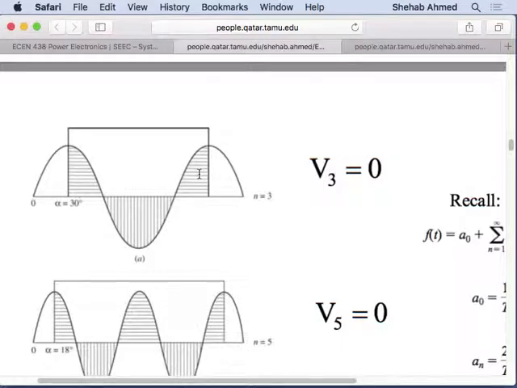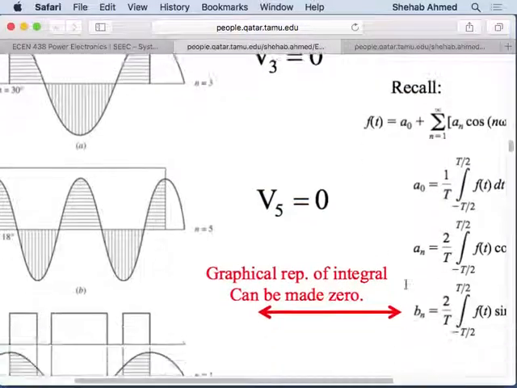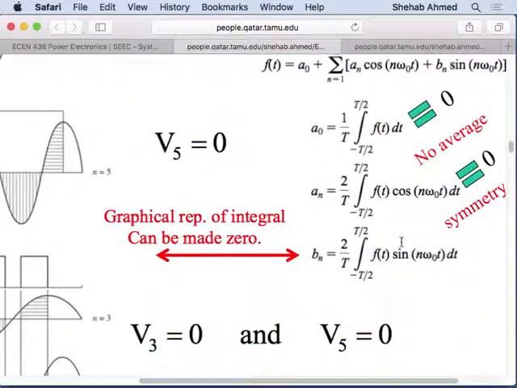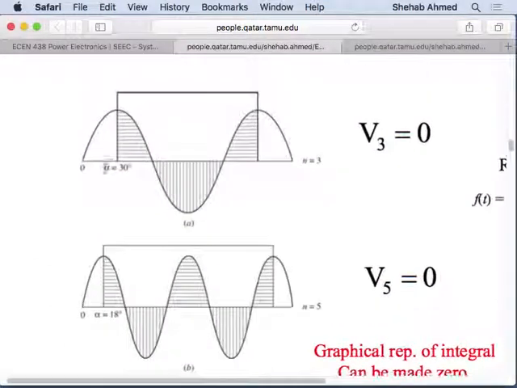If they sum to 0, that means the integral here, Bn, will also be 0, which means I've eliminated the third harmonic in this case, because I've put 3 sine wave full cycles in my full period, or 6 of these humps in the full period, meaning 3 of the full cycles in the full period. Does everybody get this? Okay.